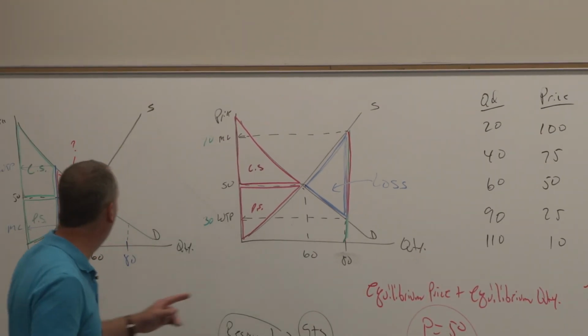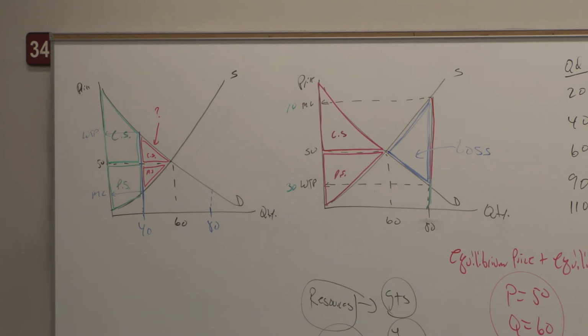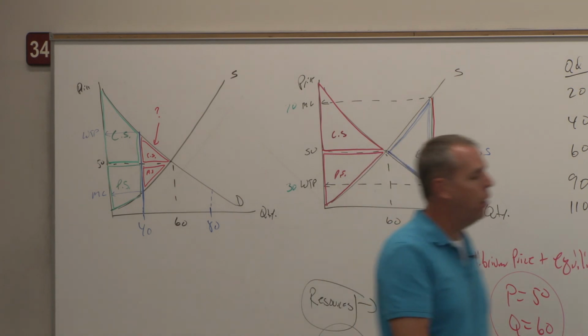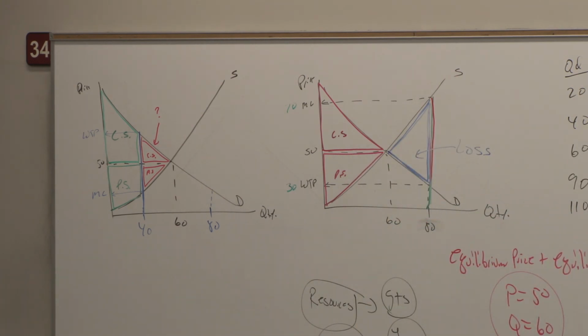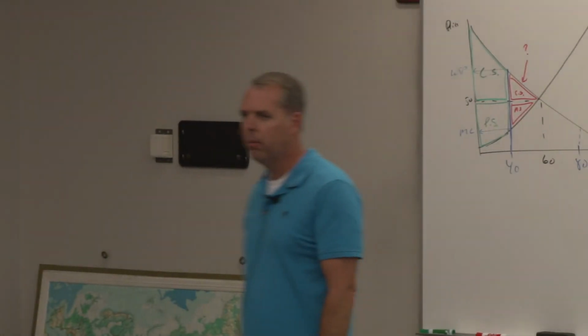So there's only one point on here that maximizes the sum of consumer and producer surplus. And to see that we want to maximize the sum of these guys, what price maximizes consumer surplus? Not the sum of consumer and producer surplus, just consumer surplus.